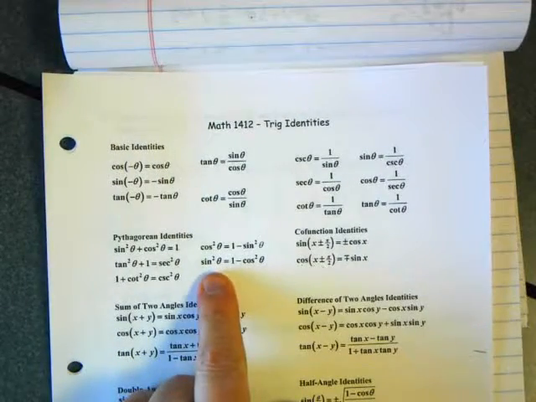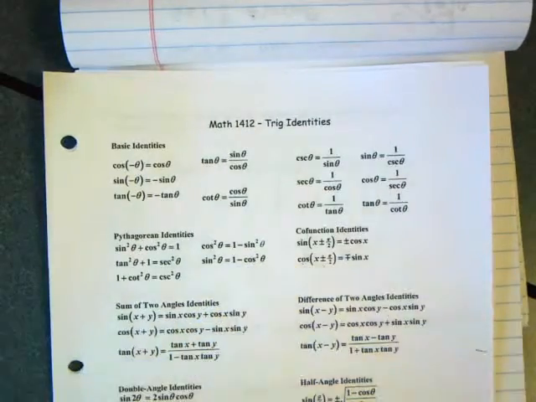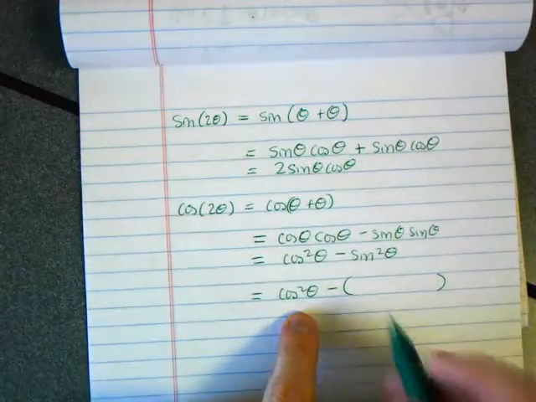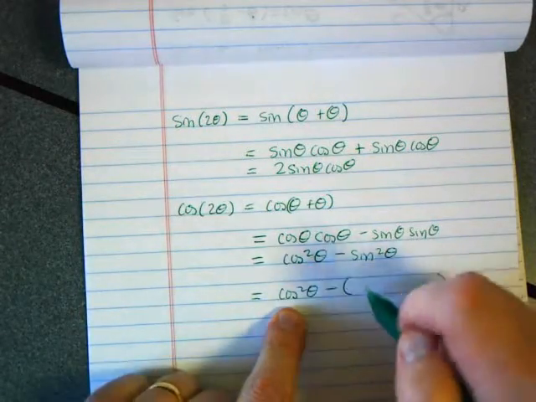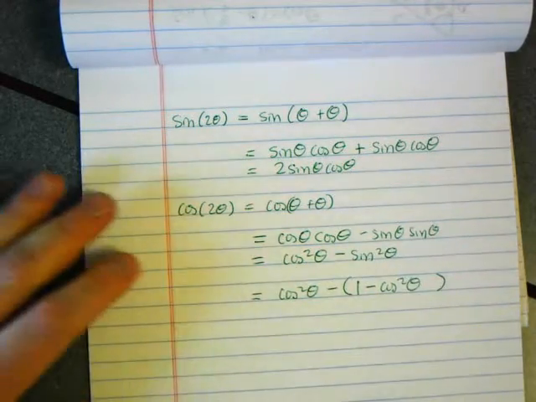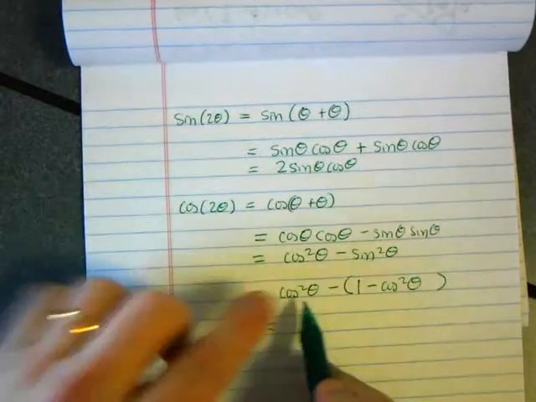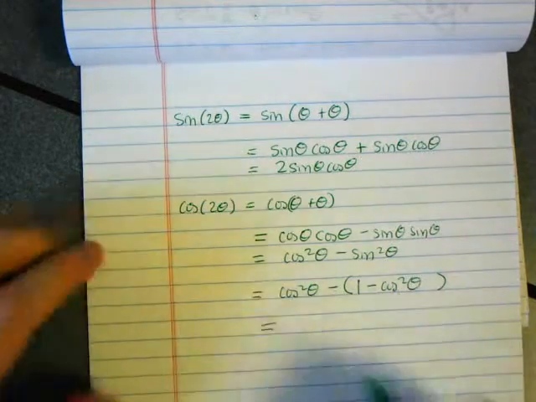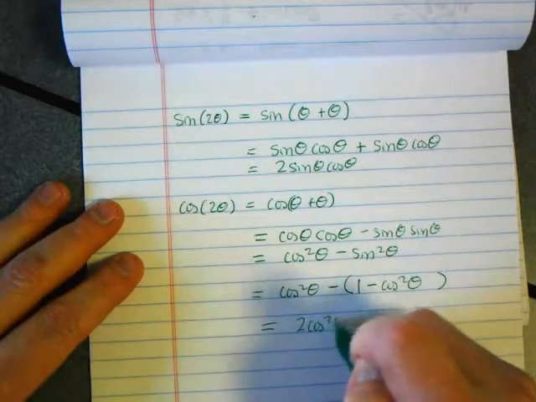Sine squared is 1 minus cosine squared. So quite often, instead of writing cosine squared minus sine squared, we replace that with 1 minus cosine squared, and we simplify. So we have cosine squared minus a negative cosine squared. That's 2 cosine squared theta minus 1.